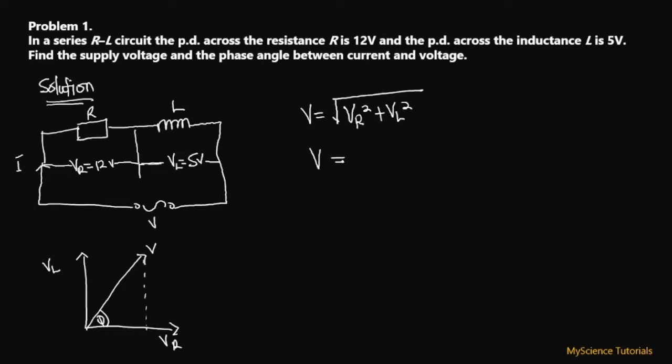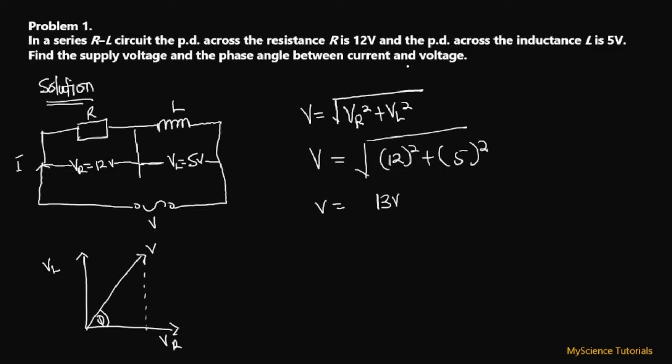So we know V is equal to the root of our VR is 12 volts, so we have 12 squared plus our VL is 5, so we have 5 squared. So this is equal to, if we compute these into our calculator, we are going to get 13 volts as the answer for our supplied voltage.